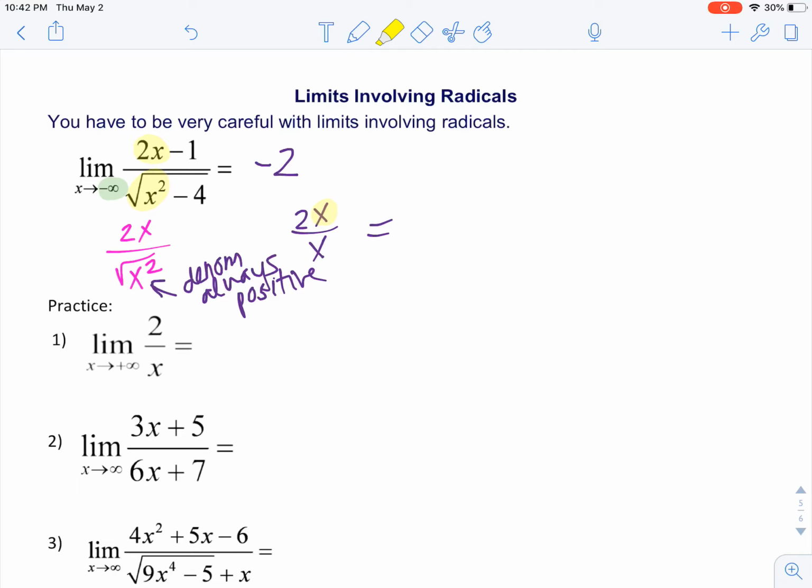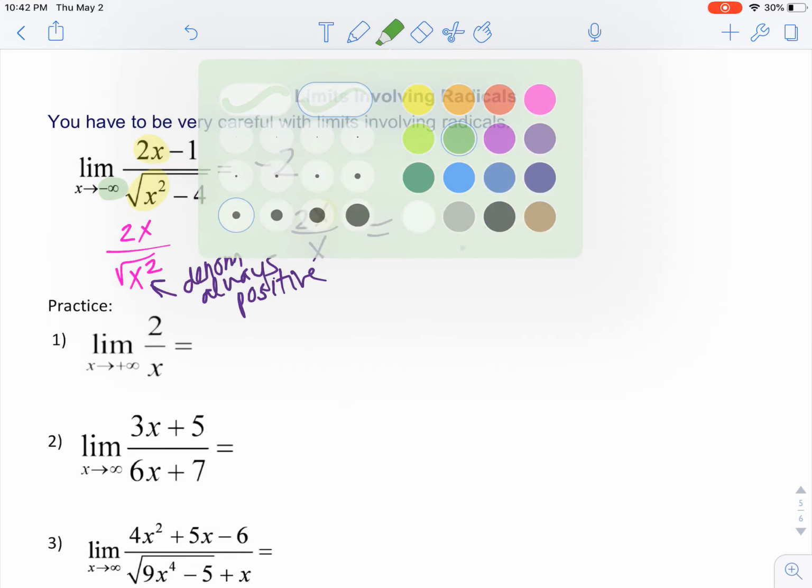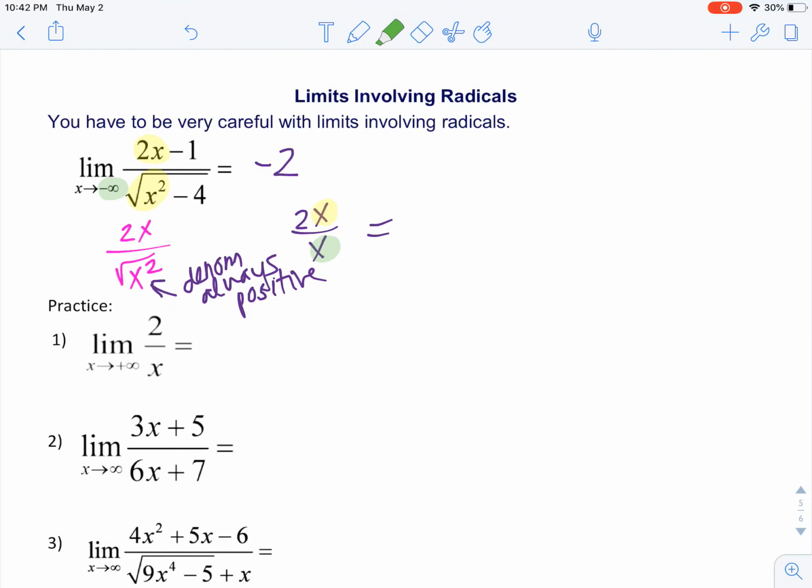So you're plugging in a negative value in your numerator. Your denominator is going to be positive. So that's kind of tricky right there.